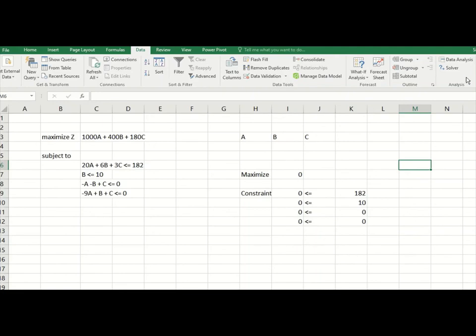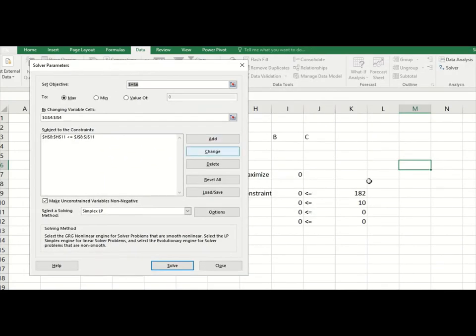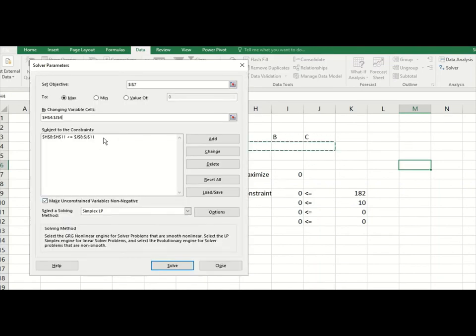So once I have my variable cells, objective function and constraints, I go to the Data tab and use Solver. For the set objective, we click on the objective cell and select maximum problem by changing variable cells. We select the underneath variable cells.